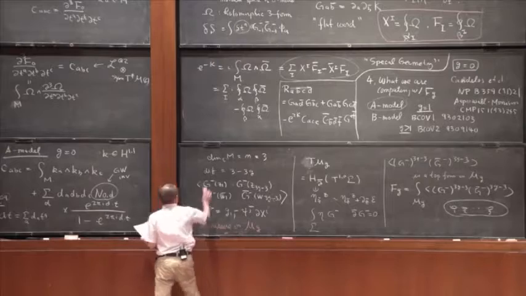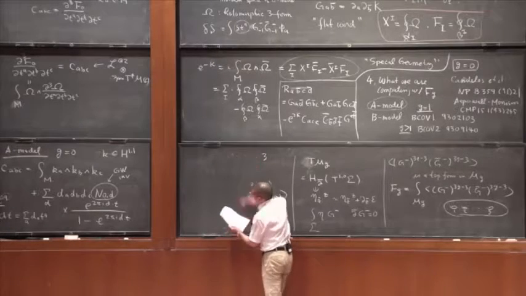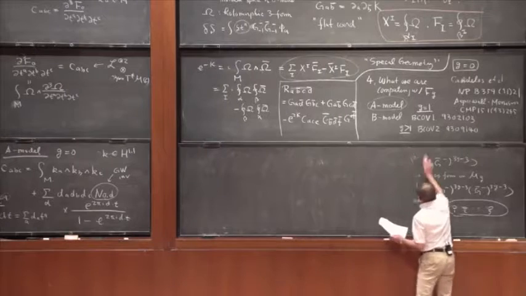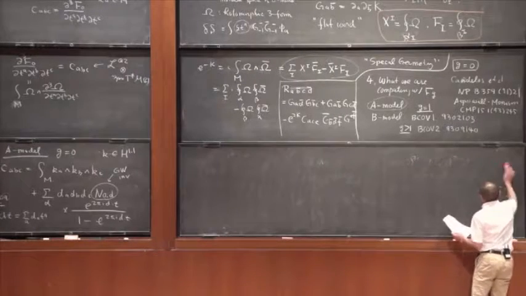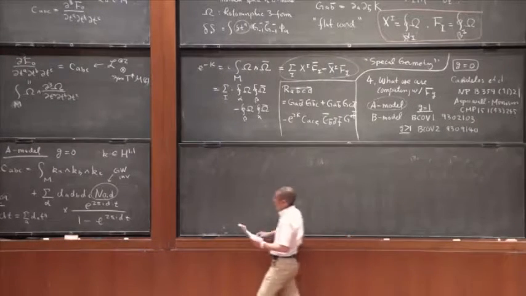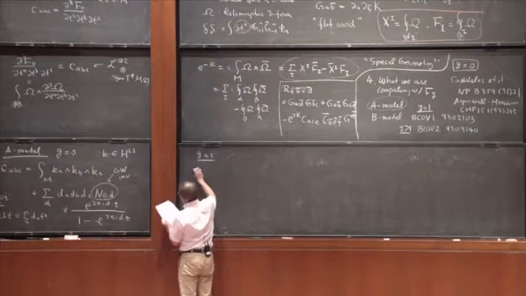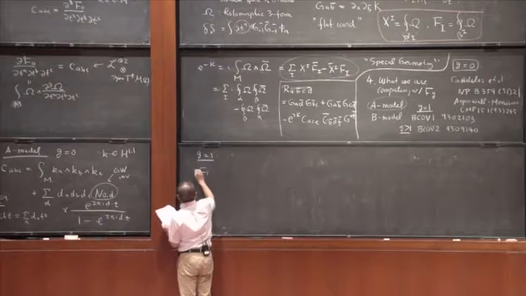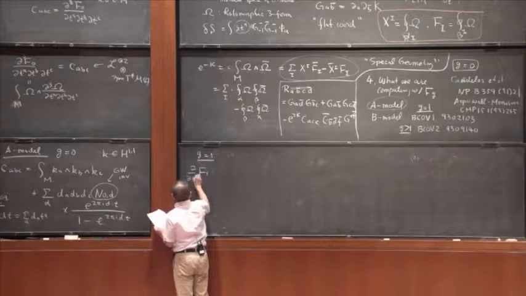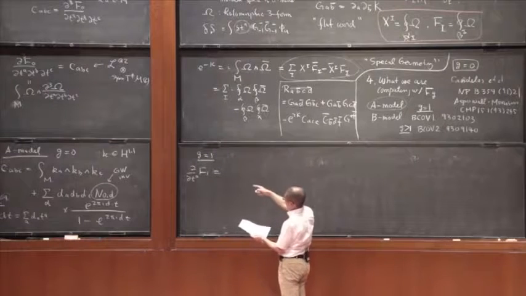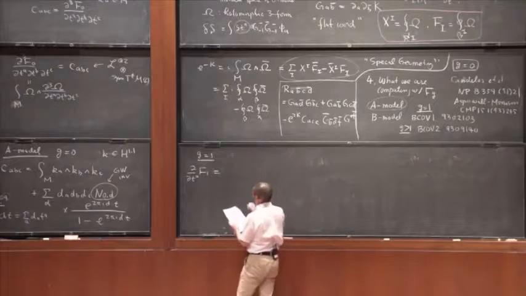We can go on to discuss the genus 1 case, which is similar. For genus 1, again, the nice thing to compute is one derivative with respect to the flat coordinate.